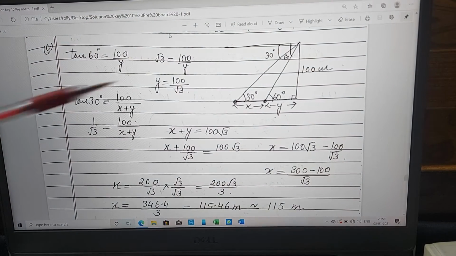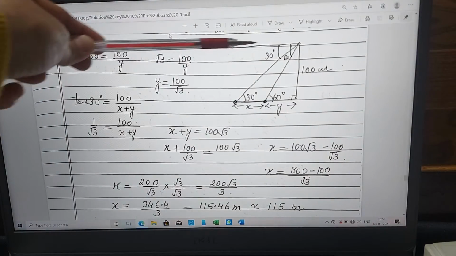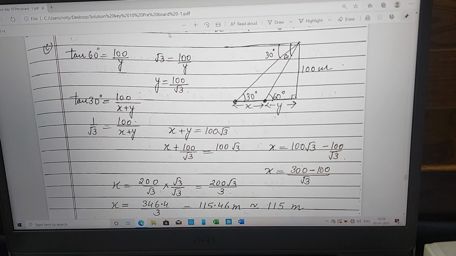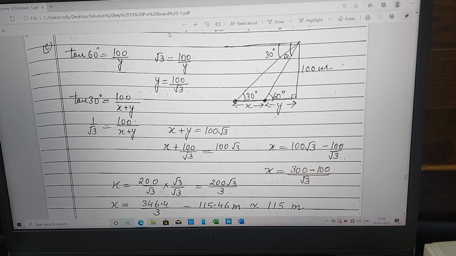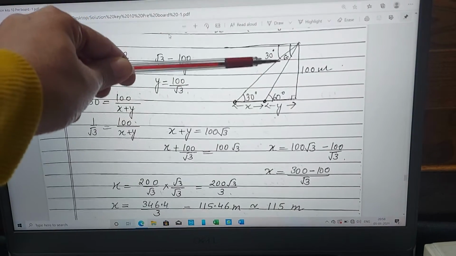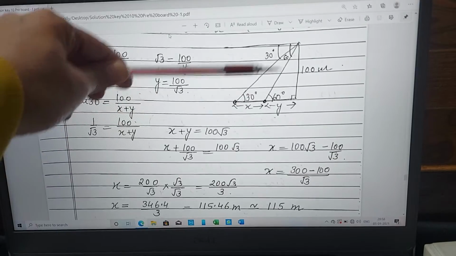So you have to draw this line when you are drawing the diagram for heights and distances. Because it is angle of depression. For angle of elevation, you are not supposed to, but for angle of depression, you have to draw, because only then do we make it that alternate angles are equal, and this is 30, this will be 30, this is 60, this will be 60.